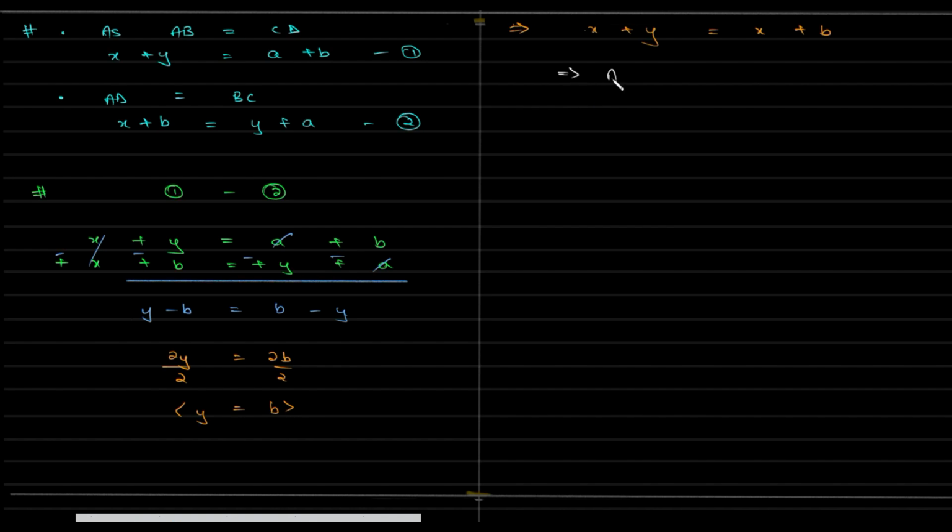This implies AB is equal to AD. Thus, all the sides are equal. Hence, ABCD is a rhombus. Hence proved. Makes sense?